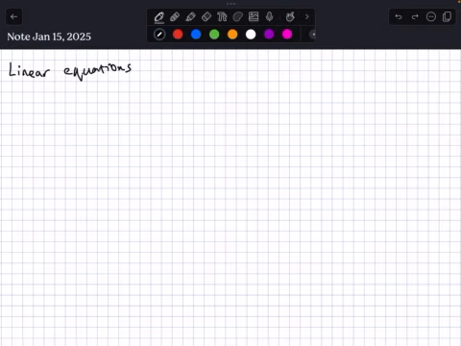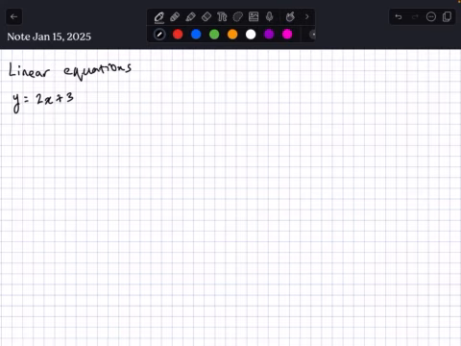So the first thing we could talk about when looking at linear equations is the general form, the most common form for linear equations, which is when equations look like this. Let's say we have y equals 2x plus 3.